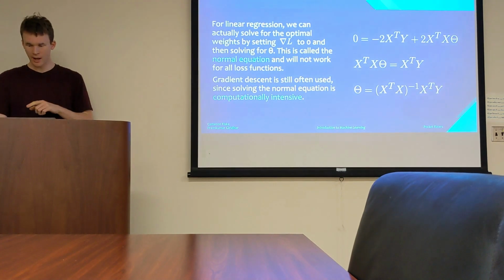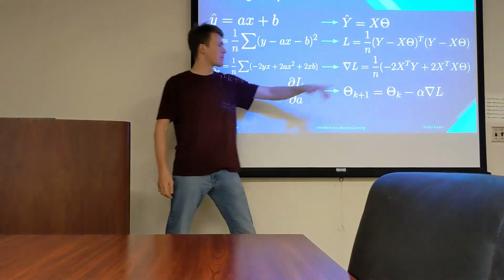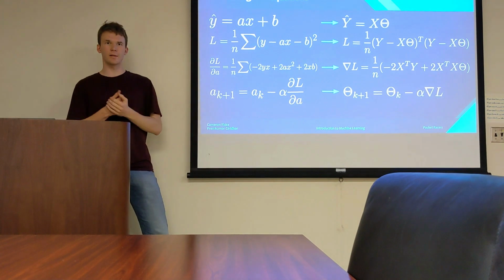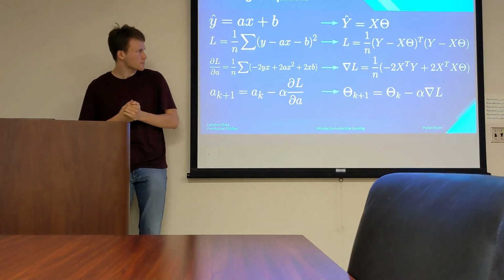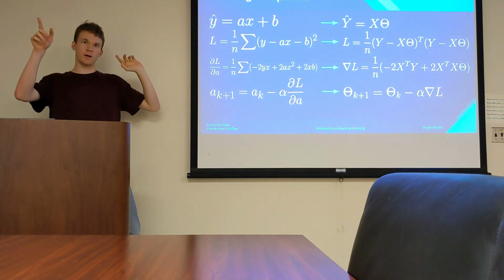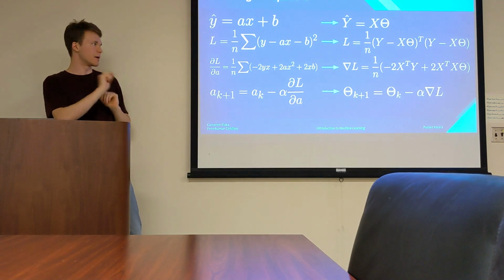But we can actually find an optimal theta for linear regression, and that is if you look at this equation right here. You may remember from calculus that at the minimum, the gradient is going to be equal to 0, and fortunately for us, the loss function is going to be convex. So there's going to be one global minimum.